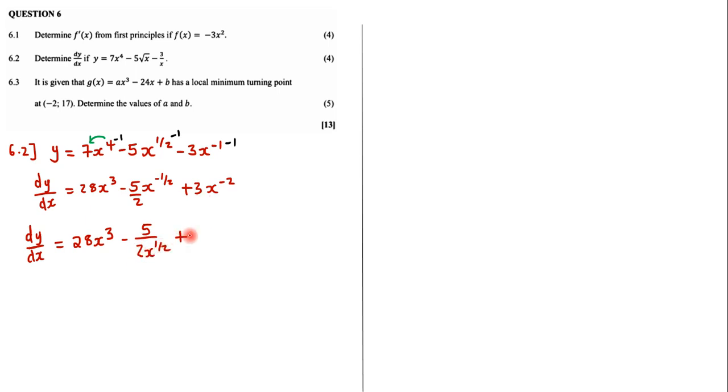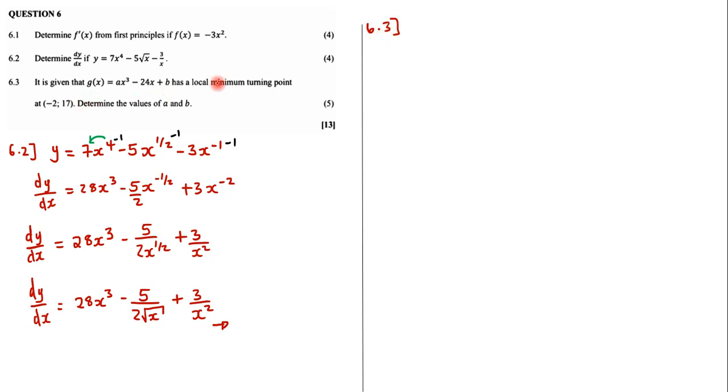And here I had 3x to the power minus 2, so when I take that x to the power minus 2 down, it looks like that. This x to the power of 1 over 2, if you remember, we said was a square root. So to simplify further, I can write 28x cubed minus 5 over 2 square root x plus 3 over x squared, and that will be our final answer. All right, now let's jump into the last question.